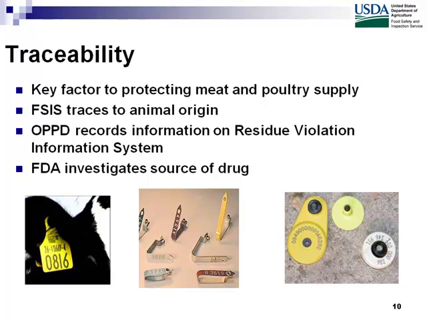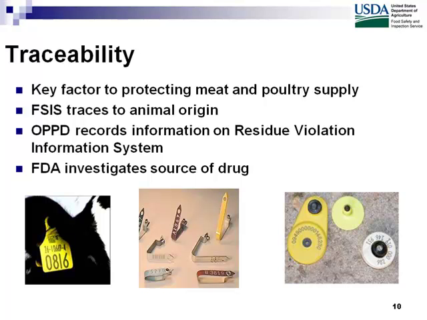Ideally, FSIS would do random sampling and targeted sampling on animals. They would detect violations. They would consult the establishment, plant management, to get the animal's origin, the traceback information, and then our Office of Policy and Program Development would take that data, upload it into the residue violation information system, and make all that information available, so then the FDA can access that information and investigate the source of the drug.